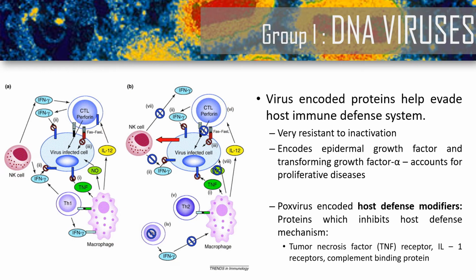And then poxviruses include host defense modifiers, class, okay, proteins which inhibit host defense mechanisms such as TNF, tumor necrosis factor receptor, interleukin-1 receptor, complement binding proteins. So always remember, class, this one is under your innate immune system. Then that includes your complement binding protein, or you have your CRPs, for example. So, pagdating pa lang sa innate immune system, tapos block na kagad, what will happen? So, mas mahirap siyang i-control.